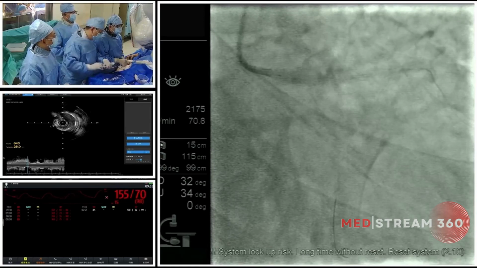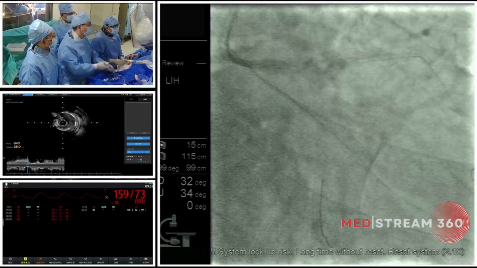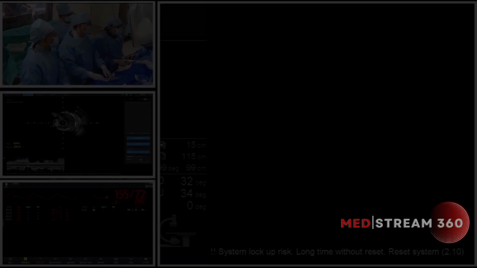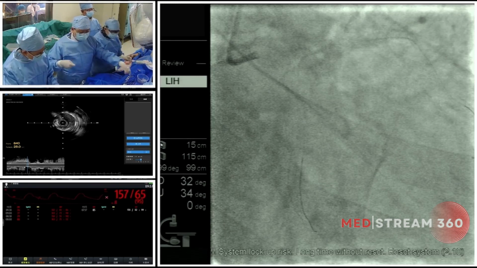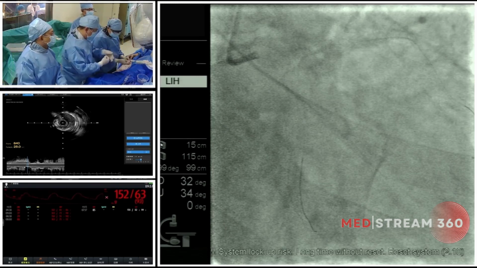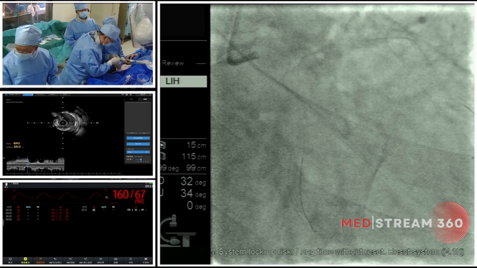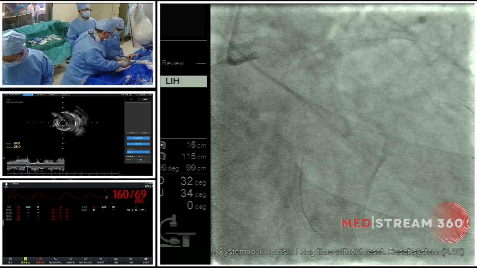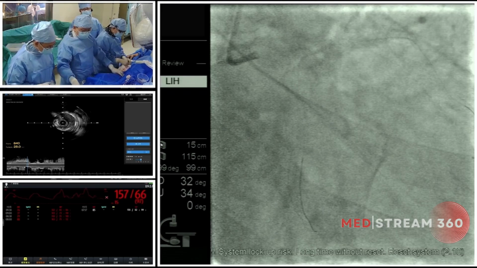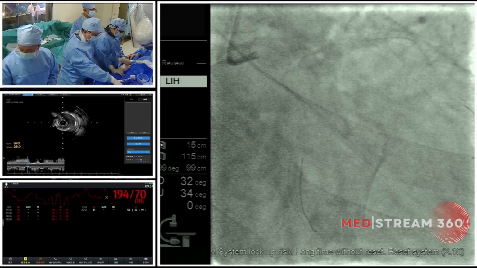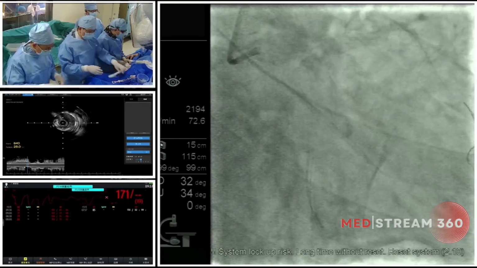For the second part, which is named re-POT, the distal marker of the NC balloon will be located at the proximal of the bifurcation. So after the first POT, you will do the KBI, even though the ostium of the circumflex looks relatively healthy.